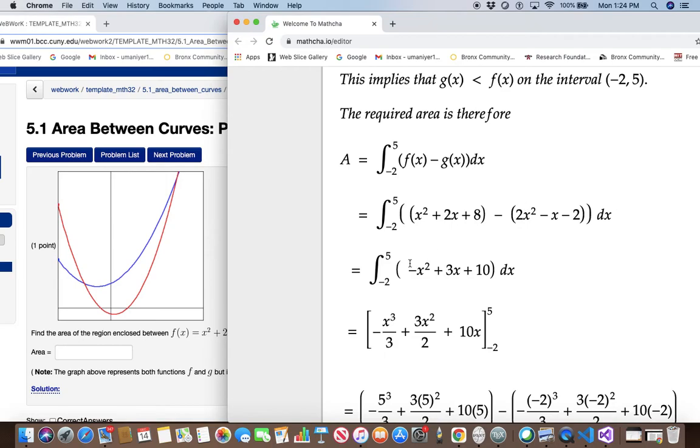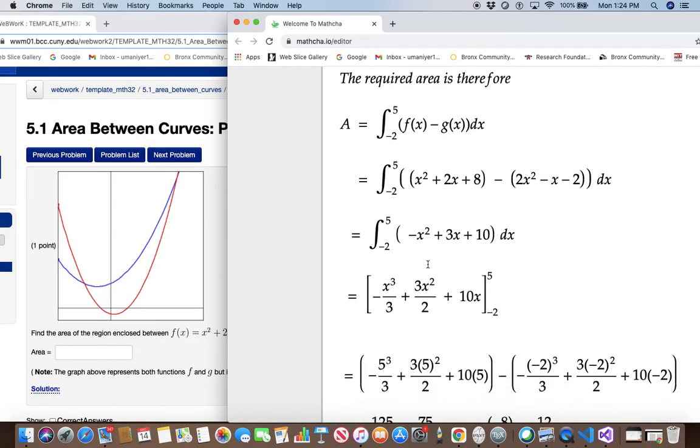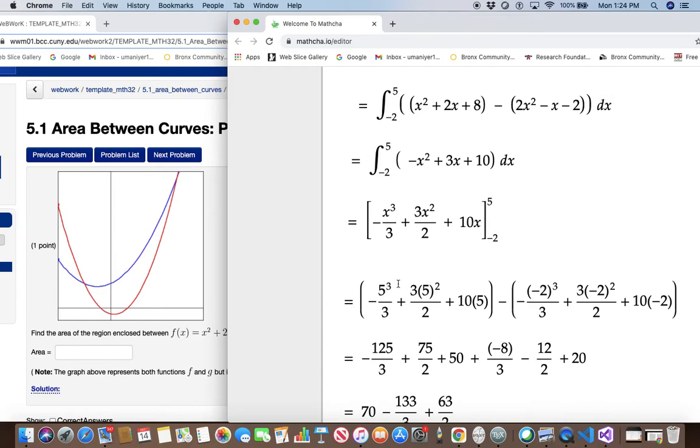Simplifying this fetches us negative x squared plus 3x plus 10, integral negative 2 to 5. Take an antiderivative of each term, and these are the limits. Finally, substitute at the higher limit, subtract, substitute at the lower limit. Be mindful of the signs.